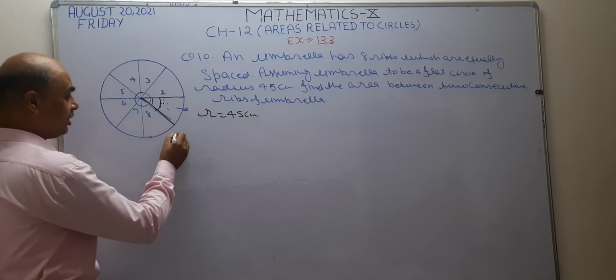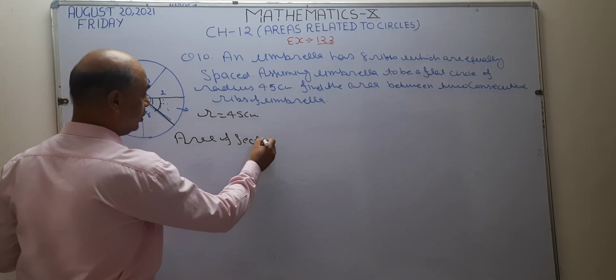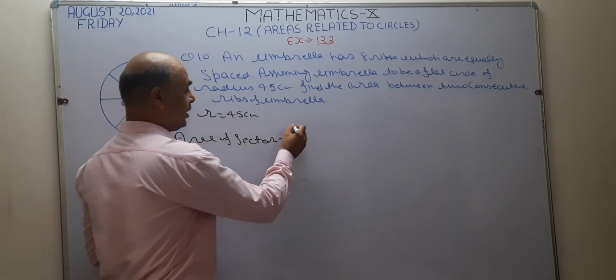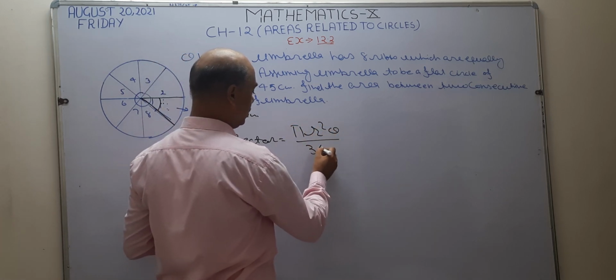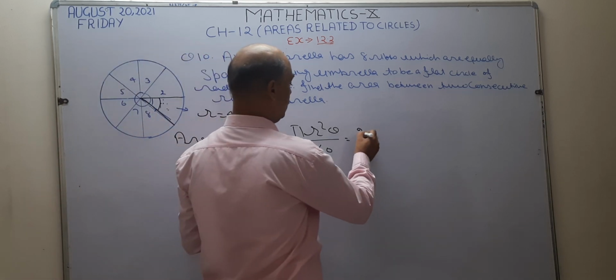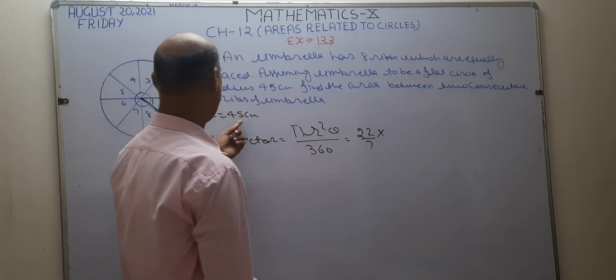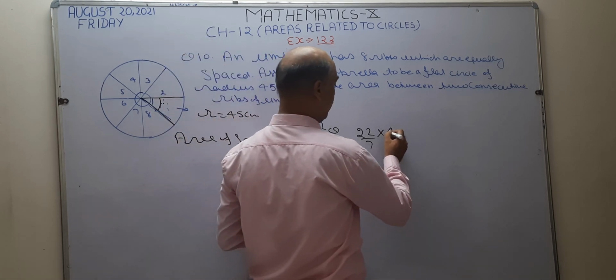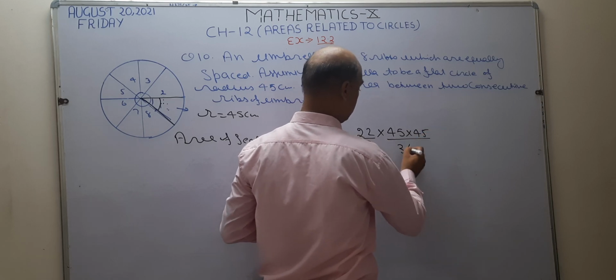So write here area of sector. The formula for finding area of sector is pi r square theta upon 360 degree. Value of pi is given, so write 22/7. Radius 45. So write here 45 into 45 upon 360.